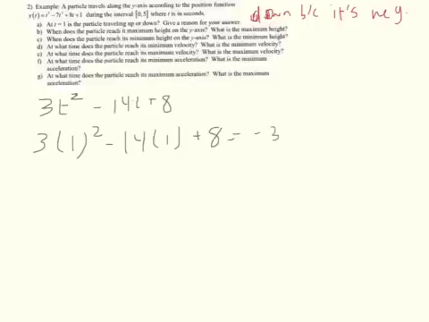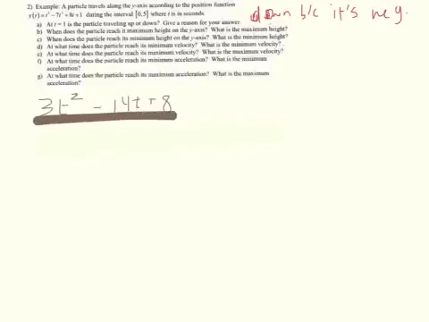Okay, so now the next question is, when does the particle reach its maximum height on the y-axis? In order to find the height on the y-axis, we would need to take the derivative of the position function, which is right here already for us. So now we need to find what t equals in this function.